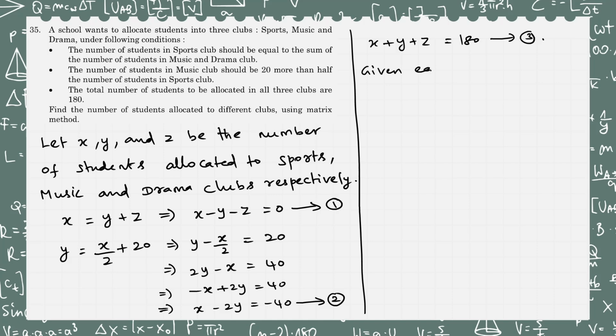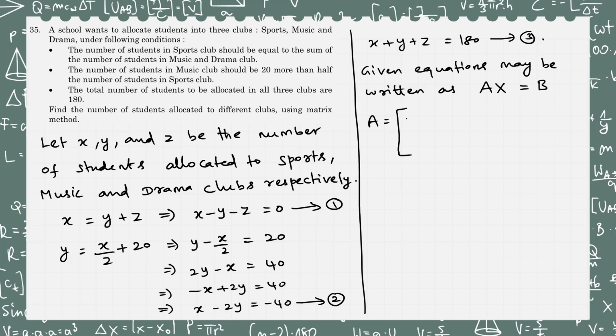The given equations may be written as matrix A into matrix X equal to matrix B, where A is the coefficient matrix, we call it. So we will take the coefficients of x, y and z in all the 3 equations in the correct order. The first value should always be x, the second value should always be y, the third value will always be z.